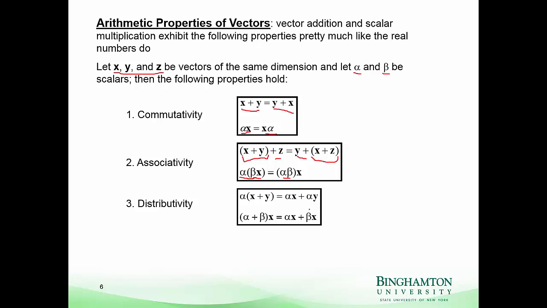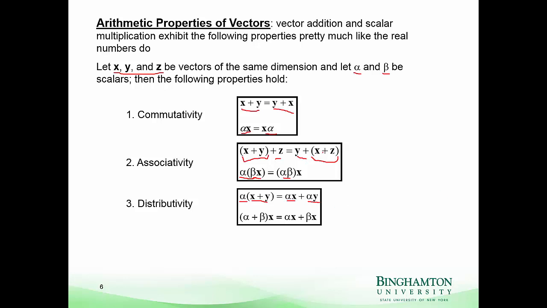Distributivity works exactly as you are used to. So I can add x and y first and then multiply by scalar alpha, or I could multiply scalar alpha times vector x and scalar alpha times vector y and then add those two results together.